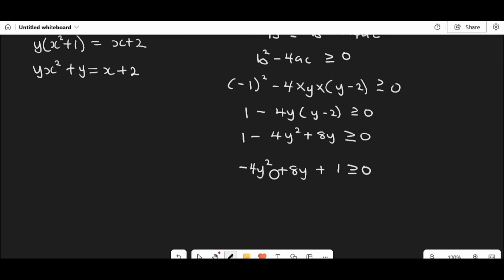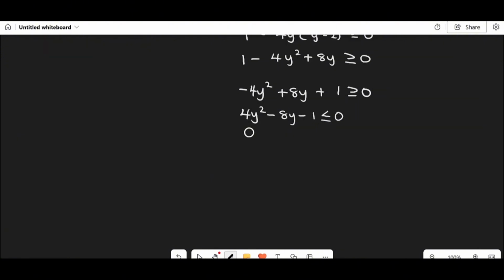Multiply through by minus 1 and flip the inequality sign. That means we are going to have 4y squared minus 8y minus 1 less than or equal to 0. Let us find the root of the quadratic by using the quadratic formula.